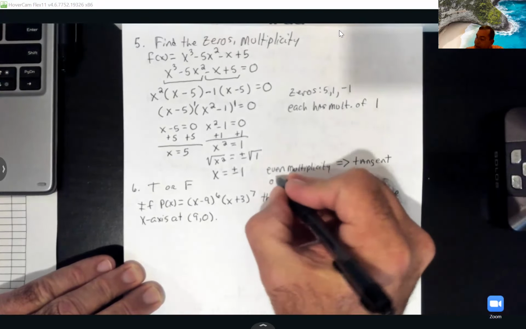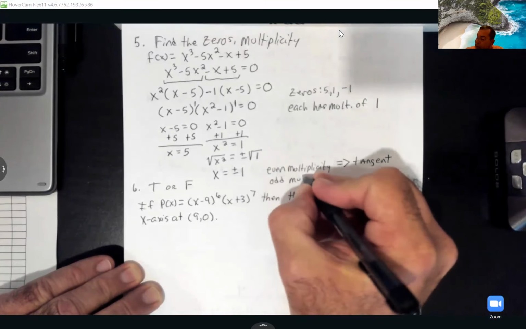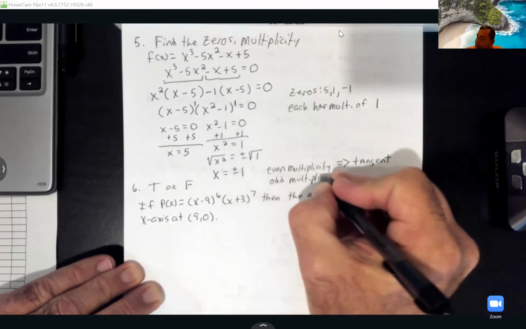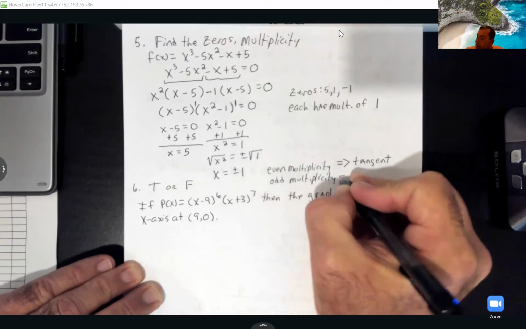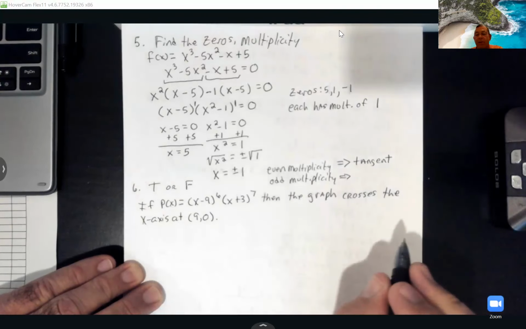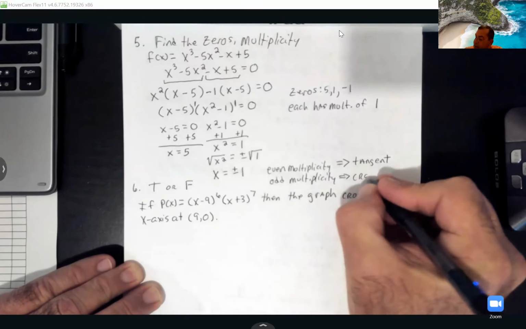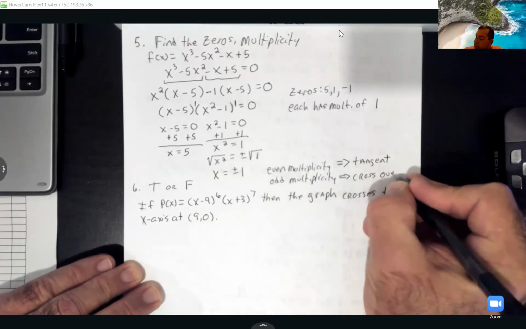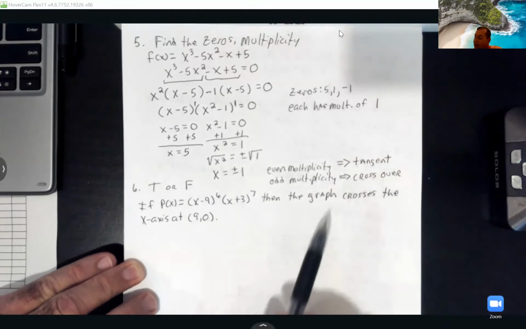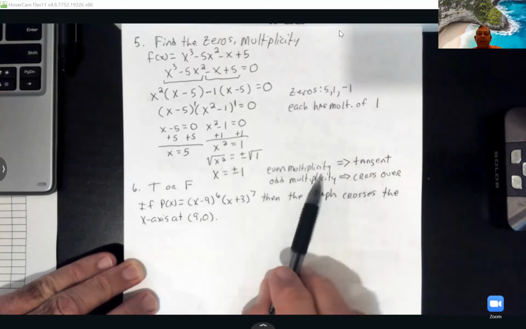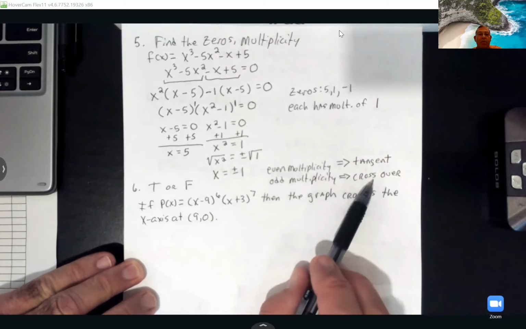If it has an odd multiplicity, it's going to cross over the x-axis. So evens will be tangent, odd multiplicities will cross over it.